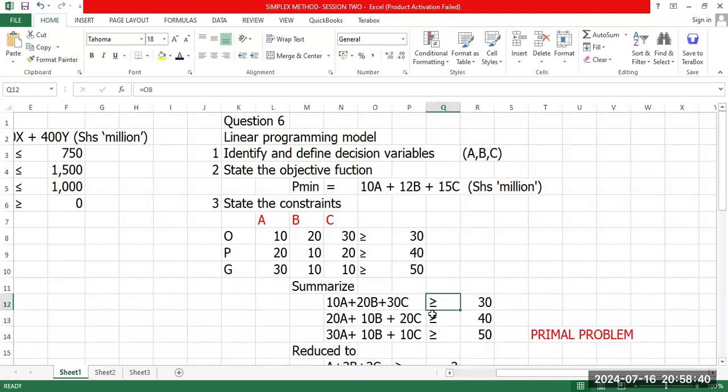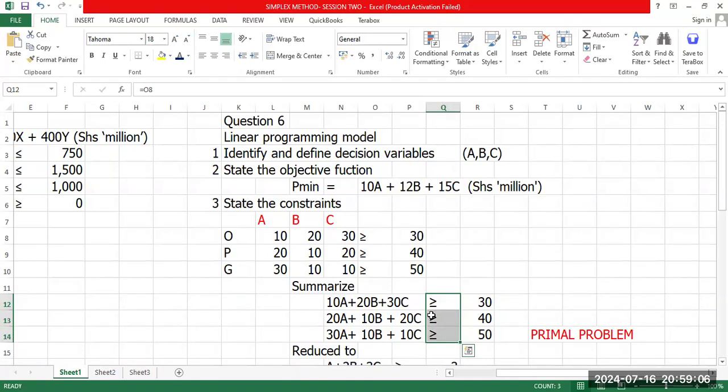Every time you are handling a simplex method, you will realize that most of the time your inequalities are less or equal to. Some of you have never realized that. You will find that you are not dealing with greater or equal to.